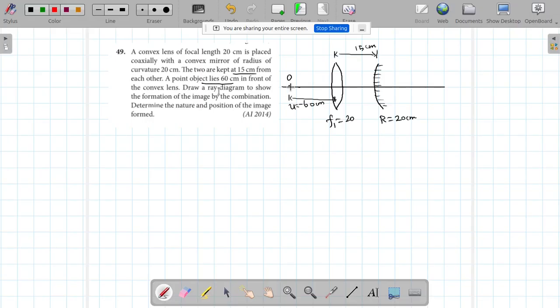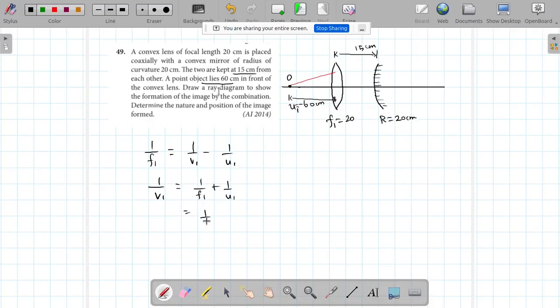What happens now? First, initially, the convex lens forms an image somewhere. We don't know exactly whether it is in front of the mirror or behind the mirror. After calculation, we will come to the conclusion. First step: 1 by f1 equals 1 by v1 minus 1 by u1, so 1 by v1 equals 1 by f1 plus 1 by u1.